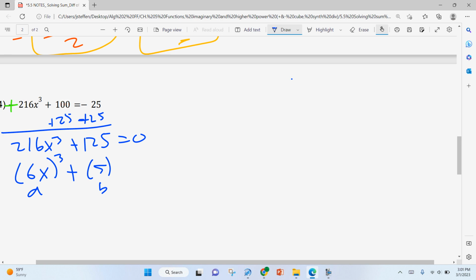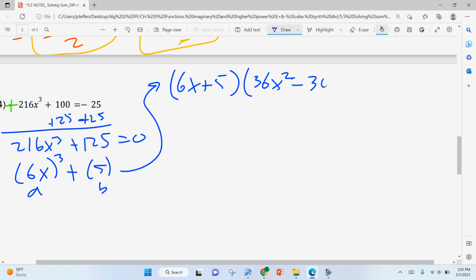So we end up with 6x plus 5 multiplied by 36x squared. Remember 6 squared and x squared. Then this is going to be a minus 6x times 5 is 30x plus 5 times 5 is 25.